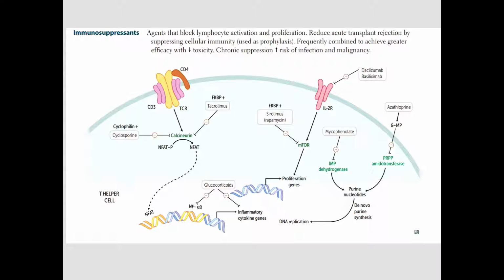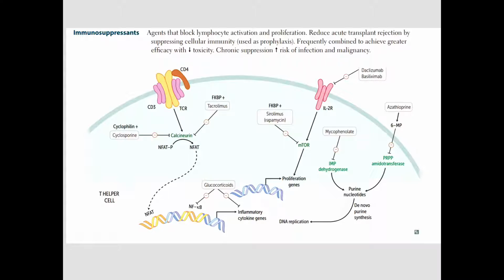Other than these, we can also sometimes use medications like steroids, and as I've already discussed in another lecture, steroids specifically inhibit the NF-kappa B pathway, and they can also suppress T cells, of course. Other than this, we have newer medications that specifically target interleukin-2 to avoid some side effects caused by steroids or calcineurin inhibitors.